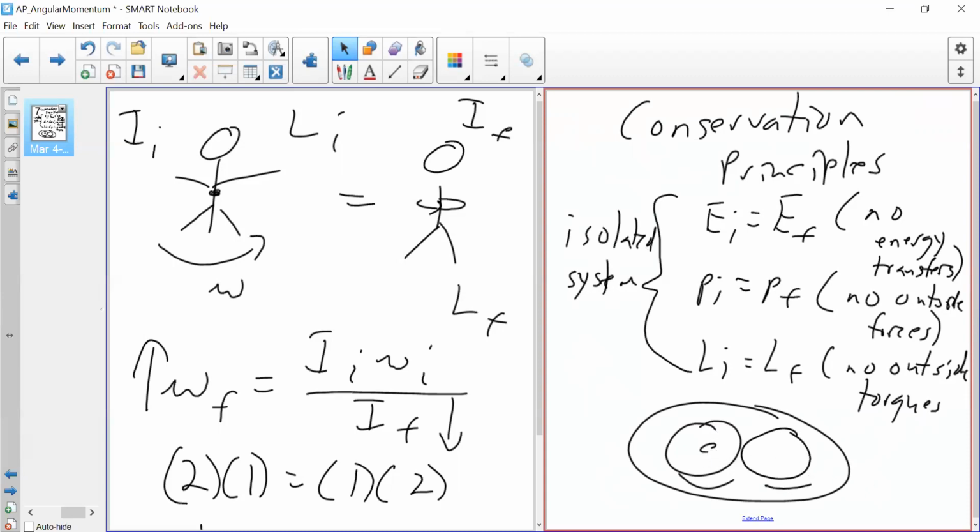So this would be omega final, omega initial. Closed off from outside torques, and we save the angular momentum. Similar to if we had any number of objects closed from the environment hitting each other, the momentum is saved because we don't have any outside forces.